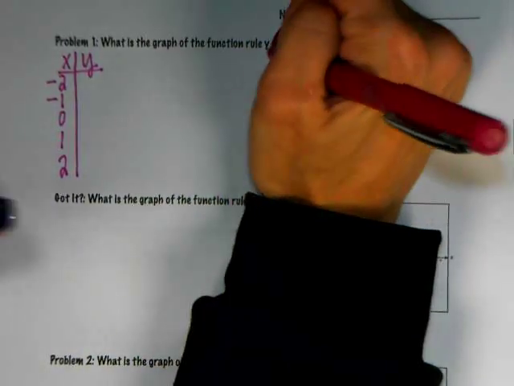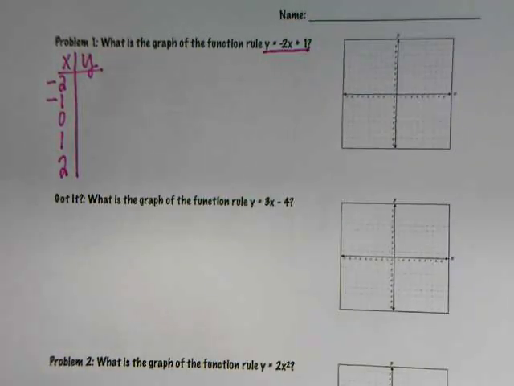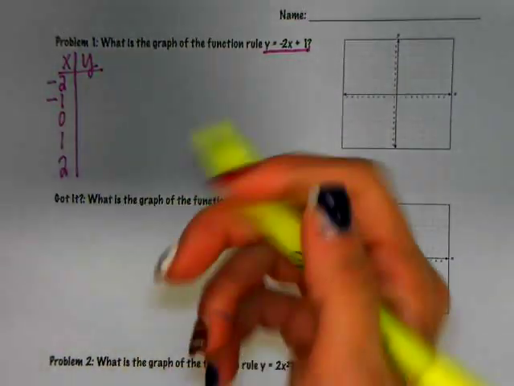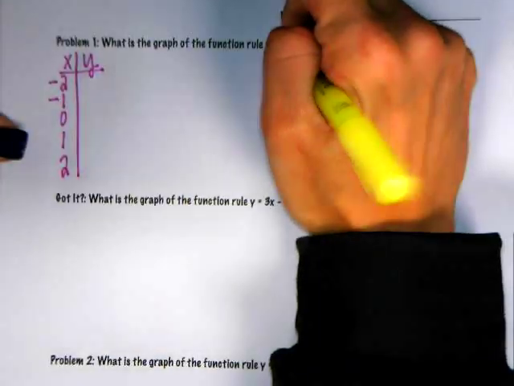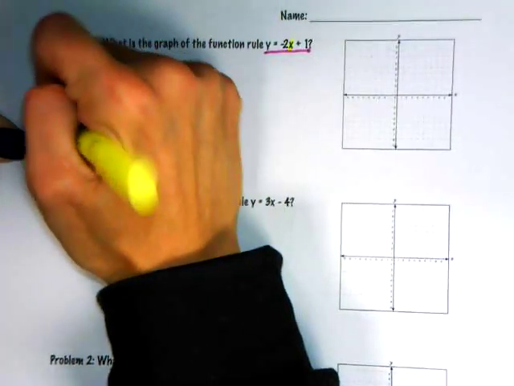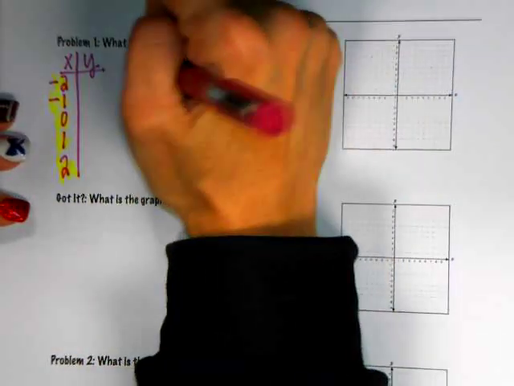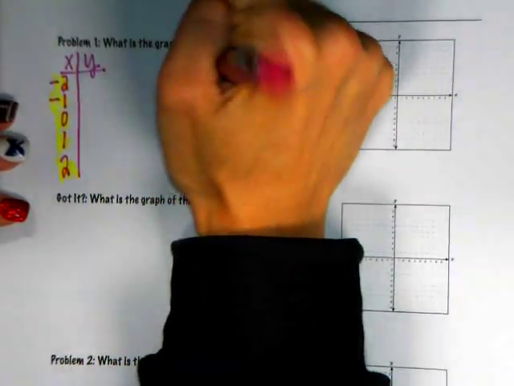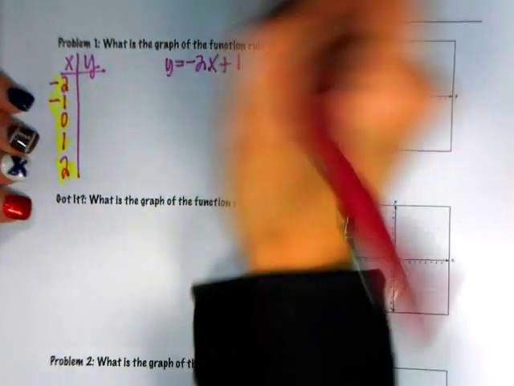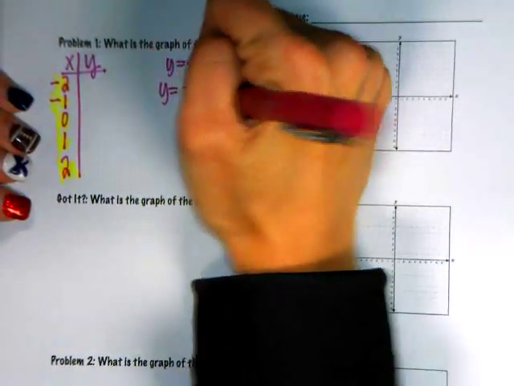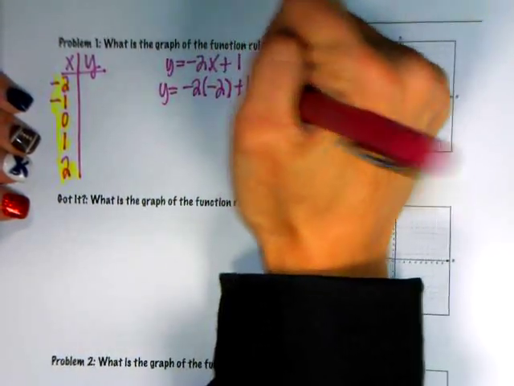So you're going to take your function rule right here, and you're going to take turns replacing the x with those numbers. You might want a calculator, it makes it faster. So the x is going to get replaced by these. So -2x plus 1. So we're going to do y equals -2 times -2 plus 1.